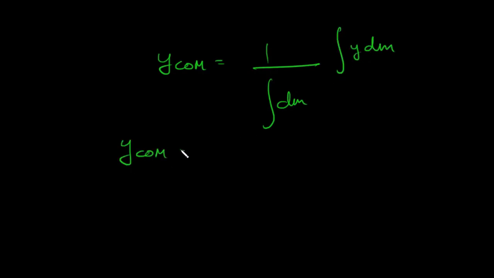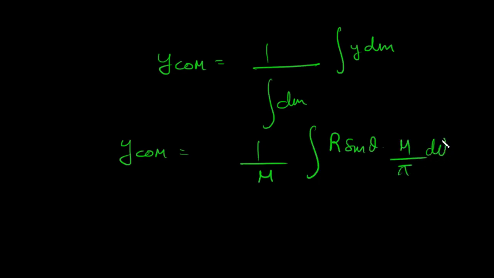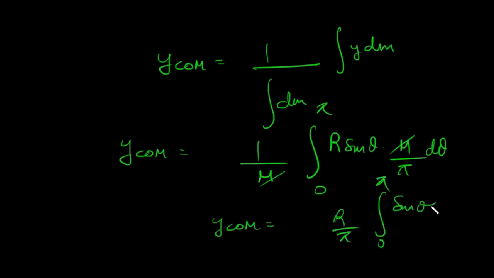So y com would be equal to 1 divided by integration of dm, integration of y dm. Y com would be equal to 1 divided by m. This would be equal to r sin theta, times m divided by pi times d theta. And obviously, as before, this will go from 0 to pi, and m gets cancelled out. Y com is r divided by pi integration from 0 to pi of sin theta d theta.